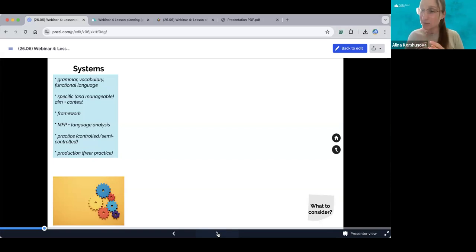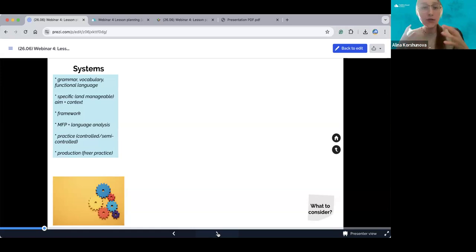So what is important here? We've discussed that, but when you teach system lessons, the key point, when you look through the materials, is to set the aim, and to set a manageable aim. Yes, the aim should be specific, but more importantly, your aim should be manageable for your students.